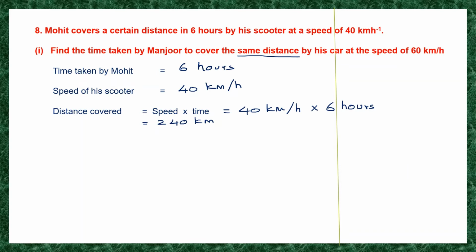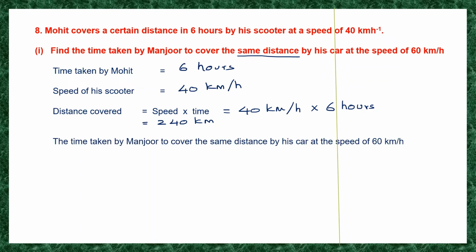Find the time taken by Manzoor to cover this same distance. So the time taken by Manzoor to cover the same distance by his car at a speed of 60 kilometers per hour is what we're going to find out. So what is the speed? 60 kilometers per hour. It's given to us kilometers per hour.